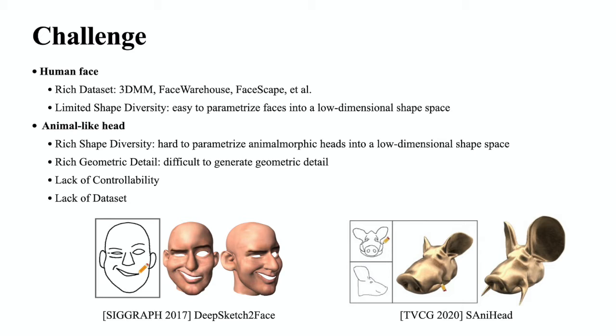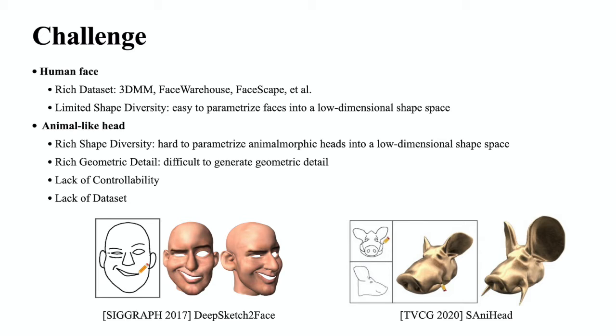But their system is limited to the parametric human face space. Due to the rich shape diversity of animal heads, parametrizing animal-morphic heads into a low-dimensional space is very hard.